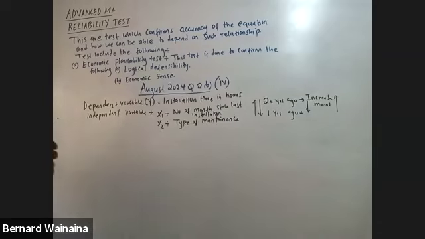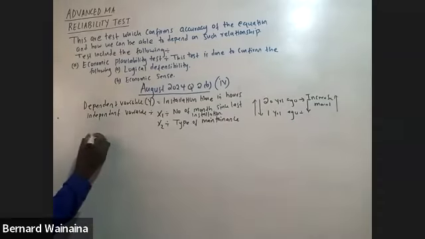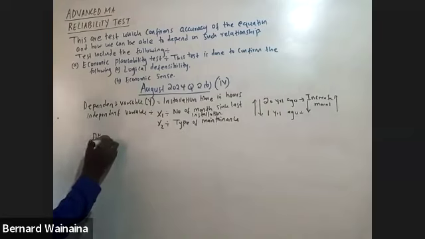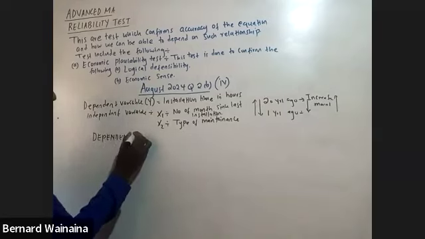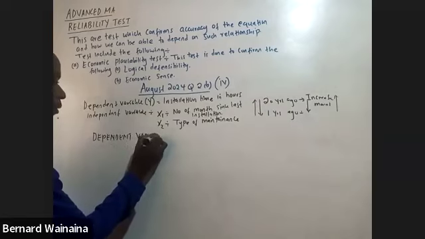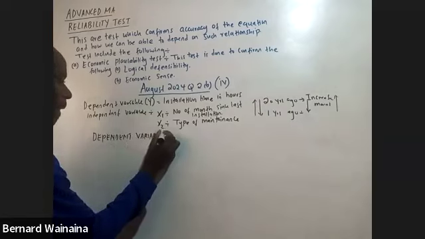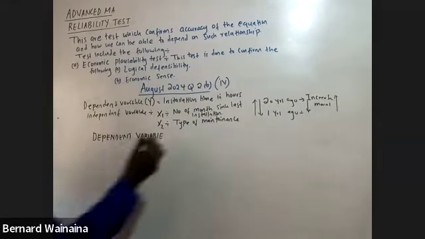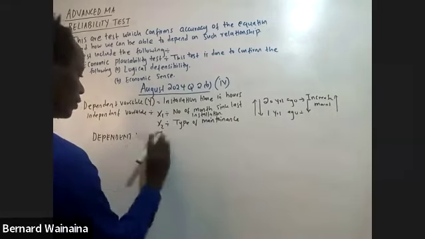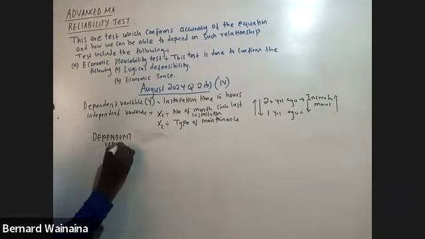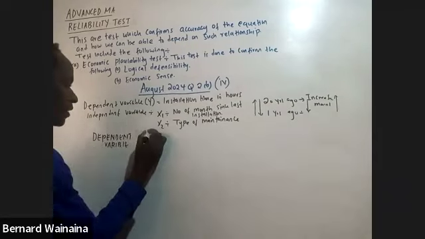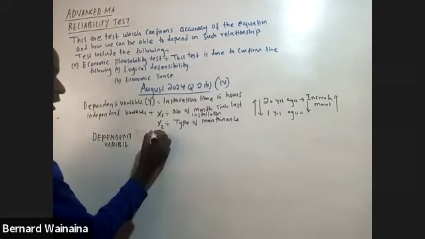I will use this format. So make sure you have a big space, dependent variable. Then we talk about dependent variable. So we are answering part 5. This is the answer.